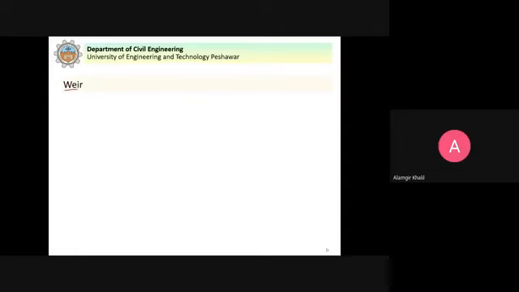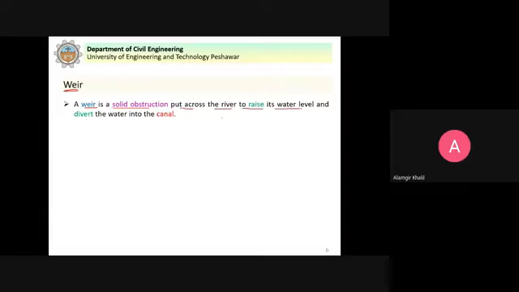Now we start with the weir. A weir is a solid obstruction put across the river to raise its water level and divert the water into the canal. We already studied the basics of weirs in fluid mechanics and hydraulics. So a weir is a solid obstruction put across the river to raise its water level and divert the water into the canal.